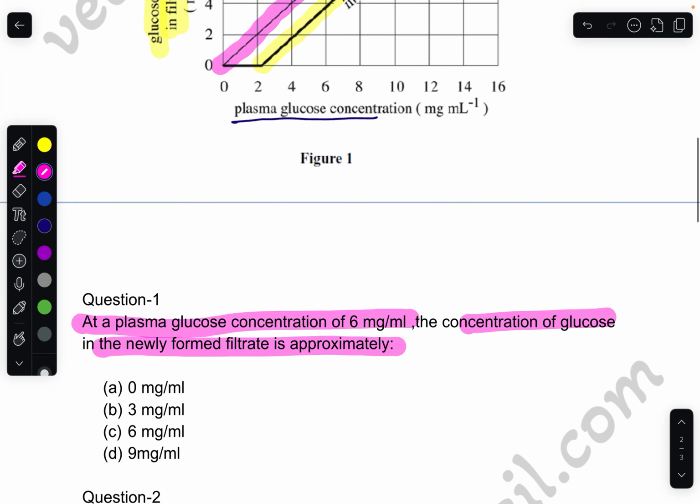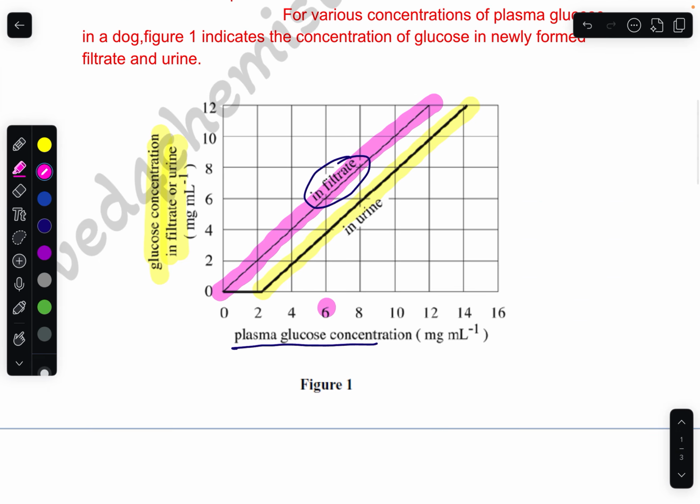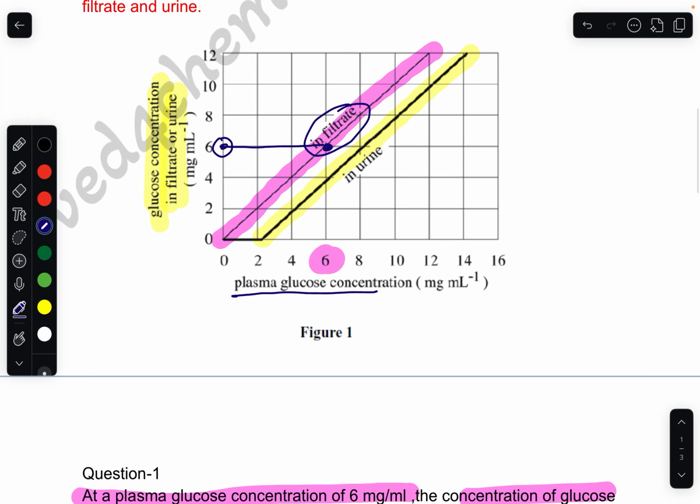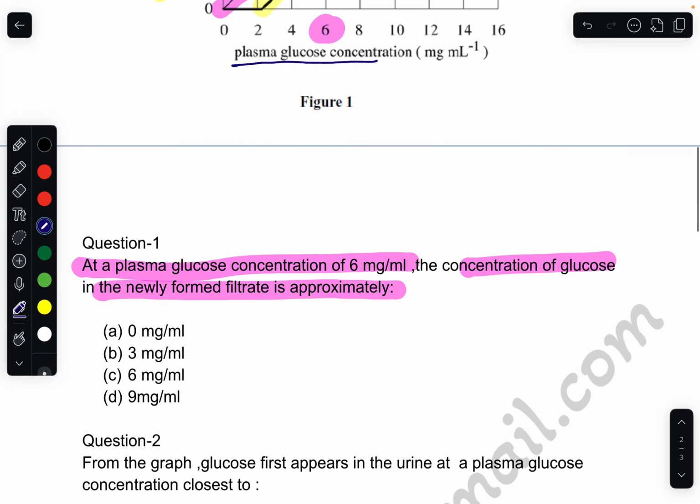It means if blood plasma is 6, then the filtrate value will also be 6. It is given in the stem as well, so there is no need to see the graph in this question. It's very clear. So the filtrate value and the plasma glucose value will be the same, so it should be 6.